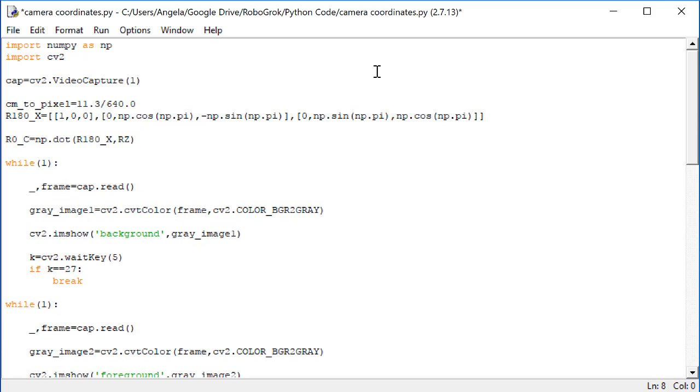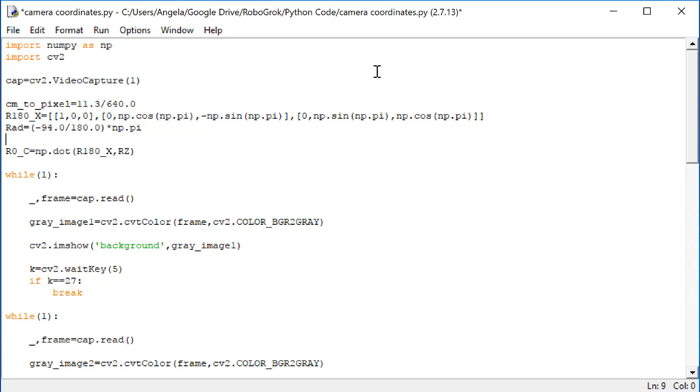Now let's do a rotation of negative 94 degrees around Z. To make this a little bit easier, let's convert negative 94 degrees into radians. Let's just call that variable rad. Okay, now we can use rad in this matrix.